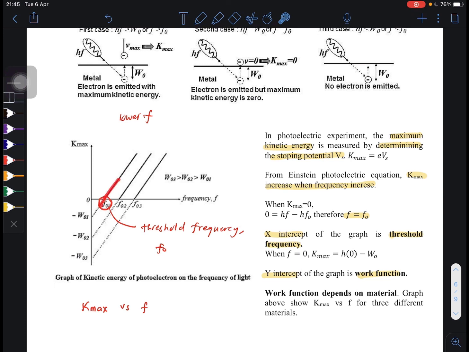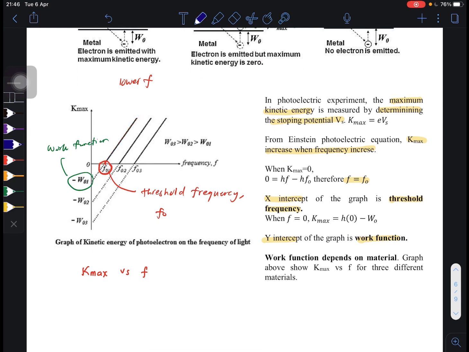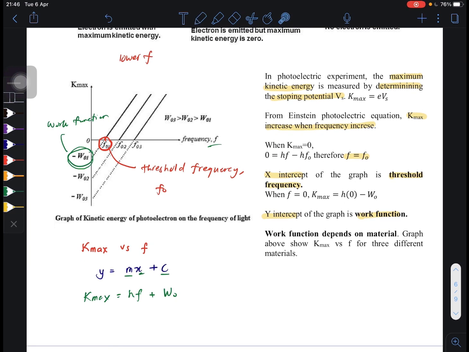So maksudnya kalau kita buat macam ni, if we sambung the straight line to here, this one will be the work function. Okay, since we have a graph of straight line, which means y is equal to mx plus c, di mana y adalah Kmax, and then m, the gradient, is basically the Planck constant, and then x dekat sini adalah the frequency, plus c adalah the intercept, which is this one, work function.